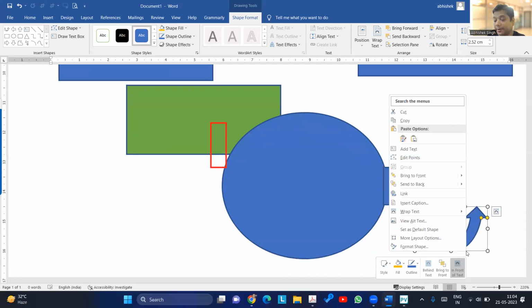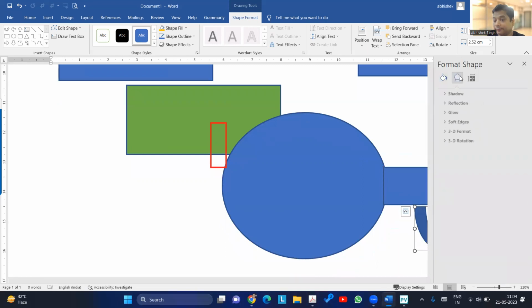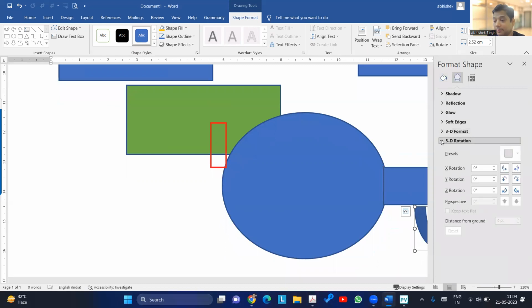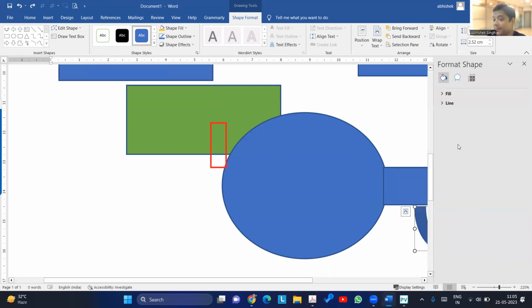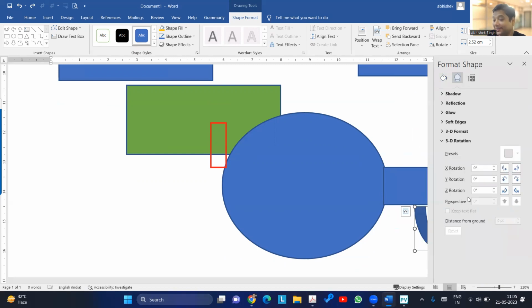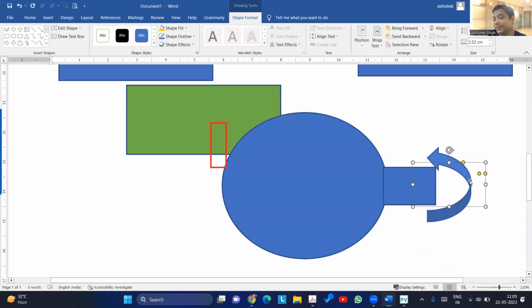So if I rotate, and I think Z, I need to rotate. Come on, guys, tell me if you are able to get it, otherwise I'll have to create this. Yeah. So this is the circumferential moment.